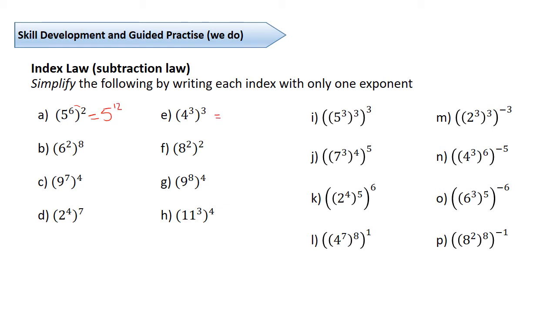I might do the first row. So 4 to the power of 3, all to the power of 3: times the powers, 3 times 3 is 9. This one here, you could break up into 2 steps. So I might do the inside one. Alternatively, you could just do it in one big step, because it is going to be 5 to the power of 3 times 3, and that is all raised to the power of 3 again.